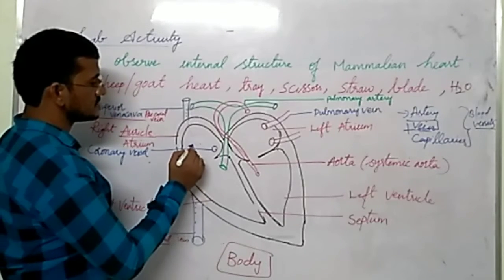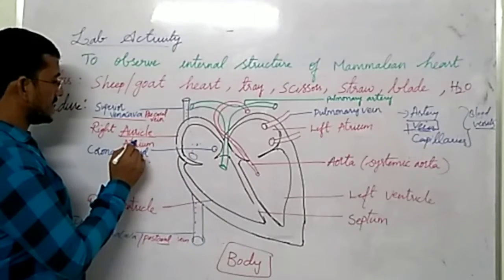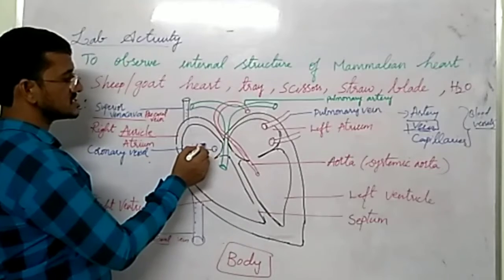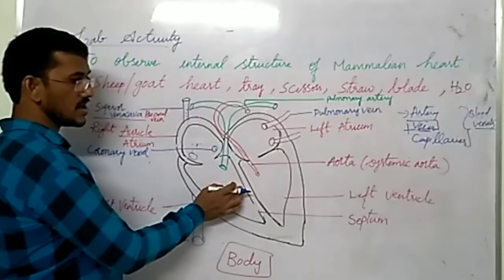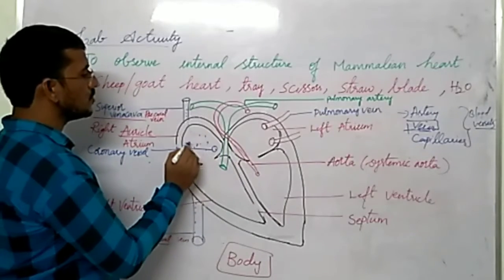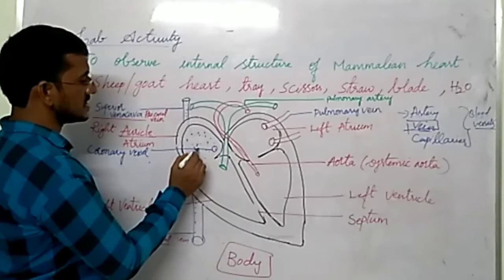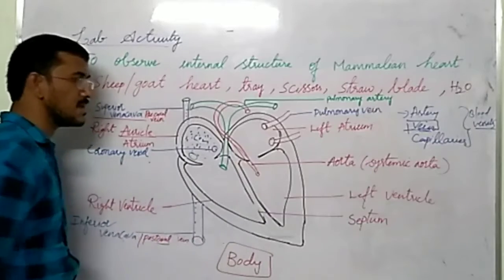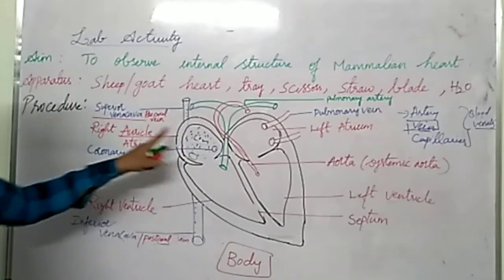It is collected into the right atrium. Then coronary blood vessel will bring deoxygenated blood from the wall of the heart. So here blue color, or we can say deoxygenated blood, is located. That is carbon dioxide containing blood is present in right atrium.